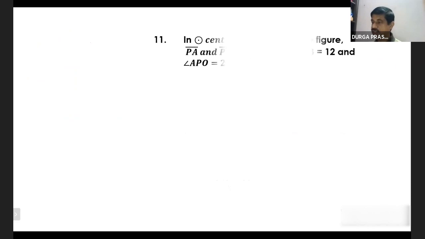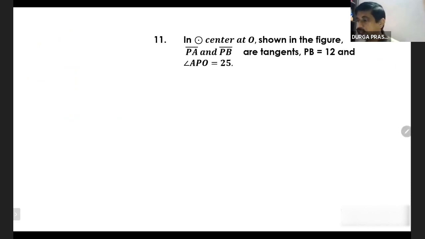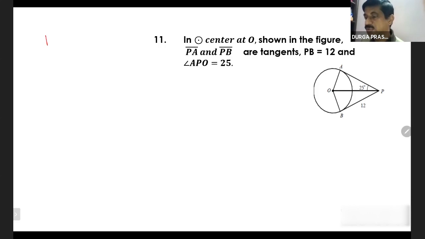Let's go to the next question. In circle, center is O. Shown in the figure, PA and PB are tangents. So PA and PB are tangents from a common point outside, so both should be equal. PA equal to PB. If this is 25, this is also 25.